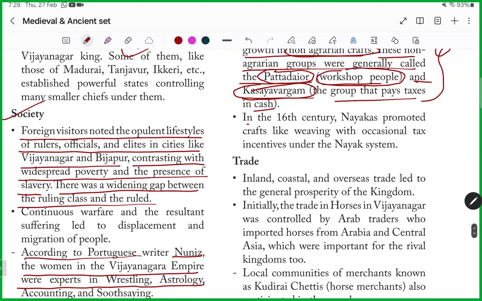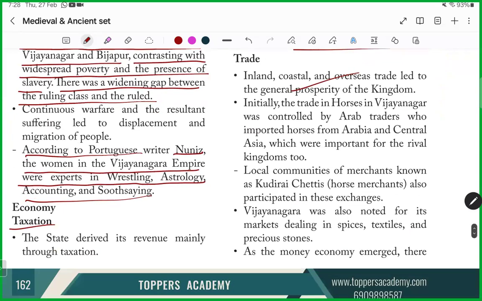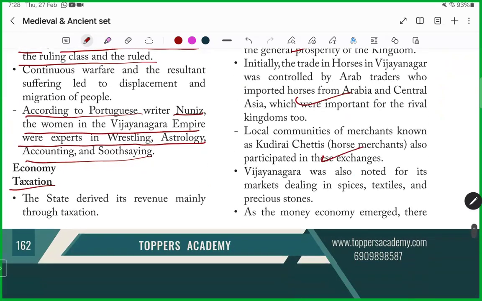All right. So in the 16th century, the Nayaks promoted crafts like weaving with occasional tax incentives under the Nayak system. So trade is also important here. The local communities of merchants known as the Kudirai Chettis, the horse merchants, also participated in the exchange.